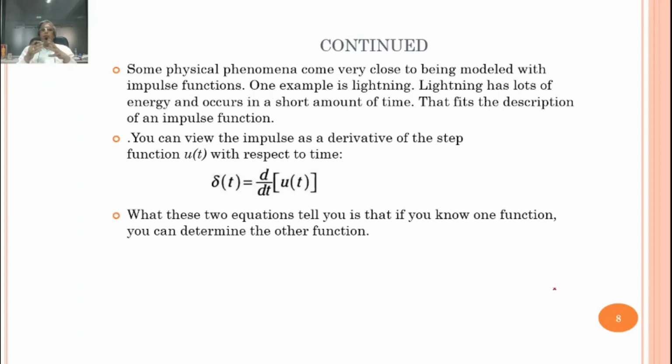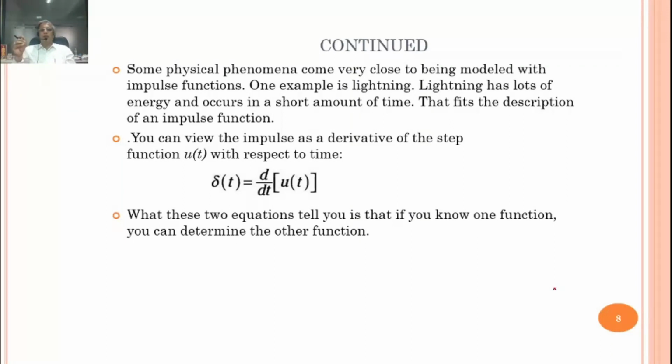Now some physical phenomena that we observe are examples of these impulse signals. First one is lightning. Lightning has a lot of energy and occurs in a short amount of time.